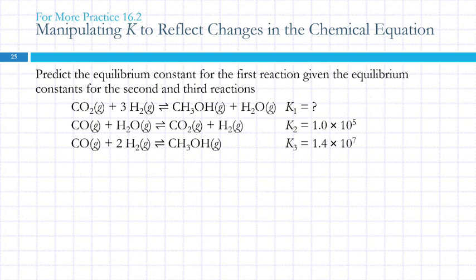Okay, this one's a harder one. Predict the equilibrium constant for the first reaction, given the constants for the second and third reactions. So what we need to do is find out how we can combine these 2 equations to get that one.